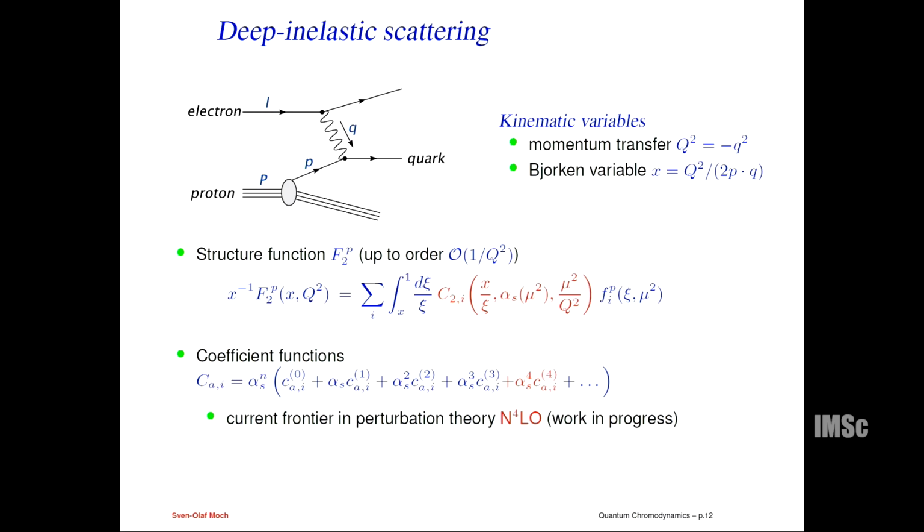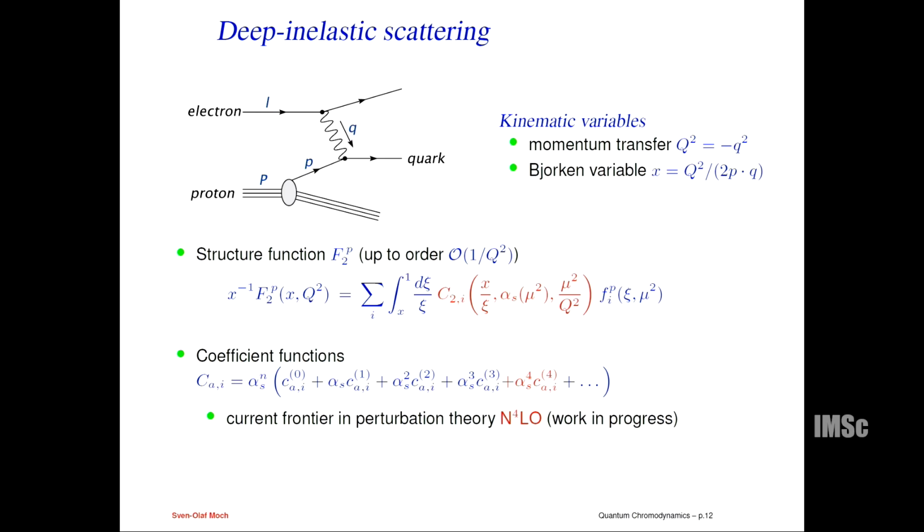This is now here for the structure function F2. This is an integral over a scaling variable psi of some hard scattering coefficient function. They are also sometimes called Wilson coefficients, and those Wilson coefficients are taken at variable x over psi.